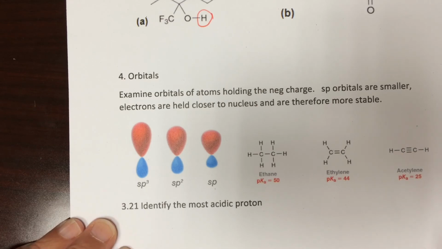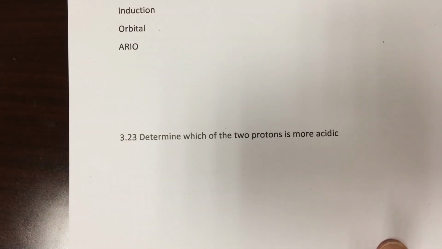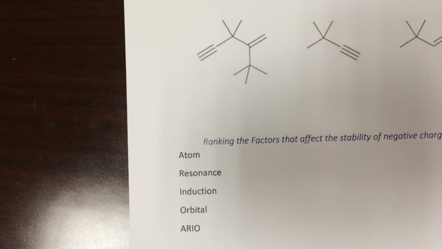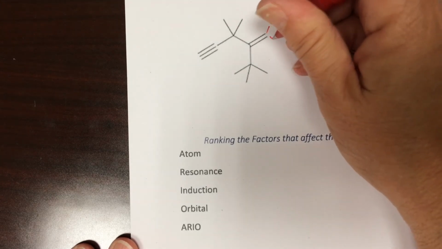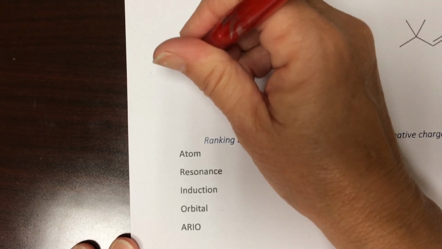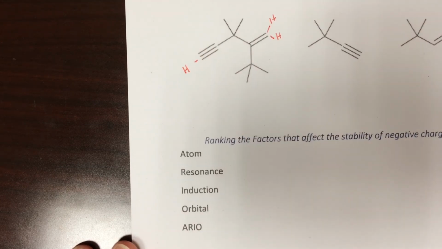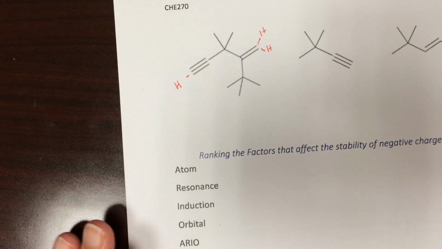So if we want to identify, again, the most acidic proton, we first have to find those protons. So we've got 2 protons here and 1 here. And I'm not going to draw in all the sp3 ones.